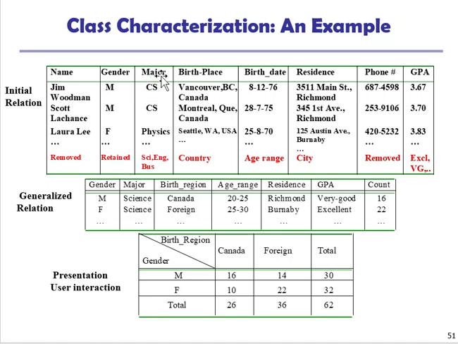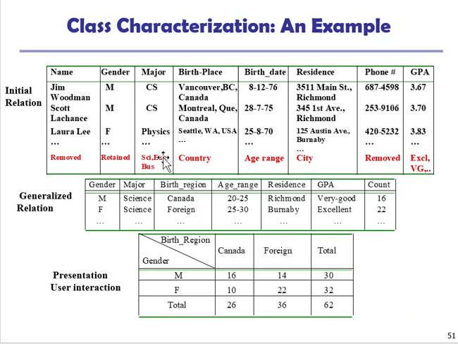And then we look at major. We count it and we see there is a rule that says how to categorize the majors. So look at CS and physics. Those two examples might be generalized to science. I would think so.